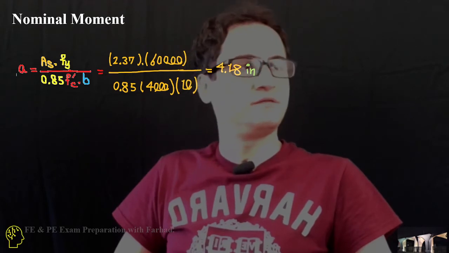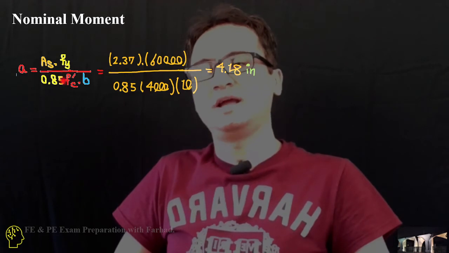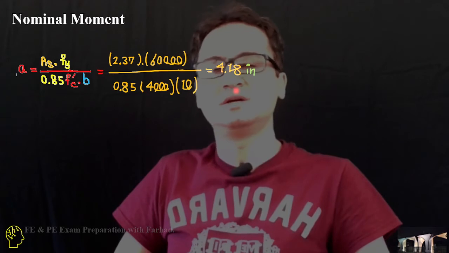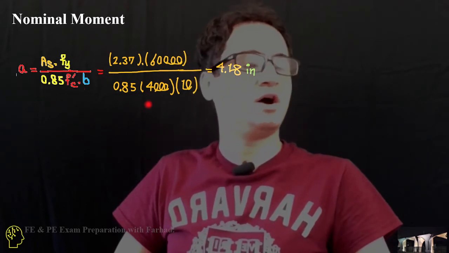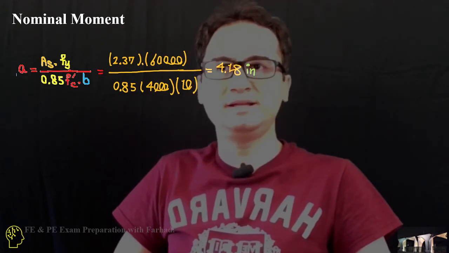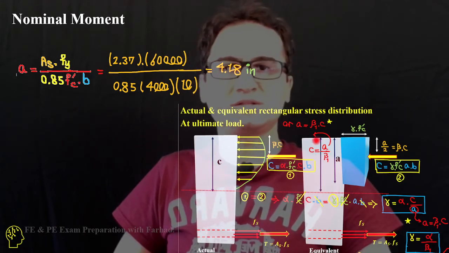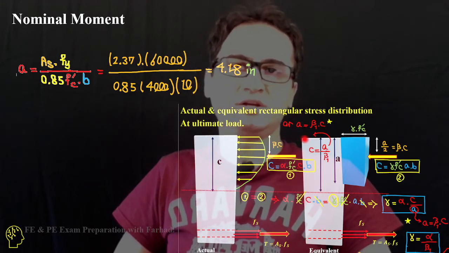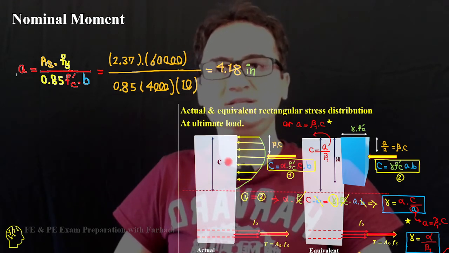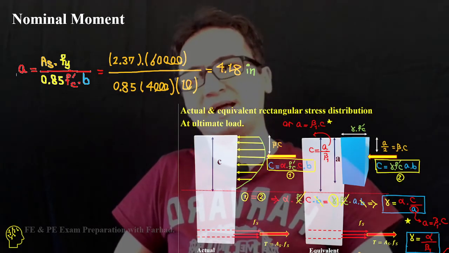If we come back and calculate the height of the concrete block, it gives us As times Fy over 0.85 f'c times b, and it gives us a height of the equivalent compressive concrete block equal to 4.18. And if you remember from the Whitney block, a, the height of the concrete block, is equal to beta times c or x, which is the distance from the top edge to the neutral axis.